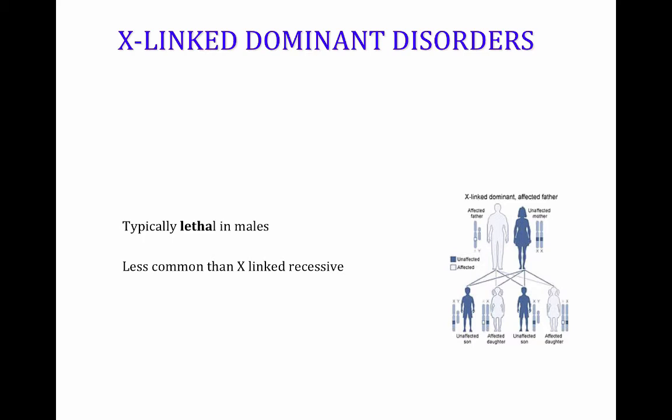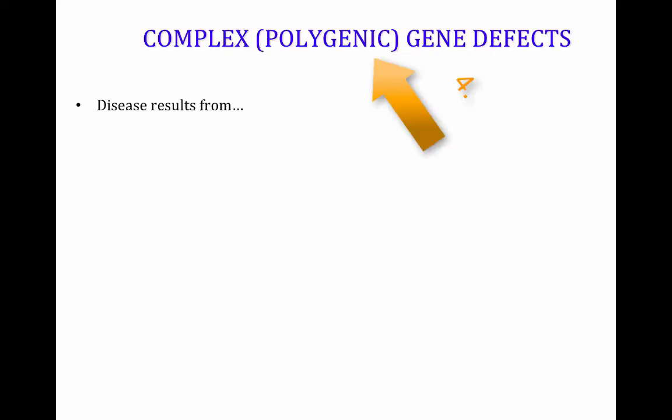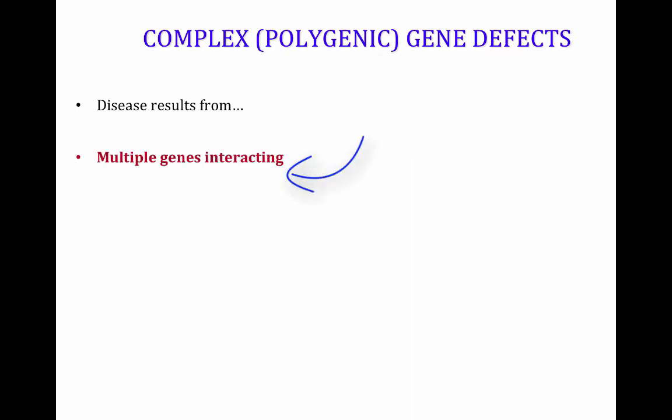X-linked dominant disorders are much less common, probably because they are lethal in males and do not tend to appear in the population. Complex polygenic gene defects involve a disease resulting from multiple genes interacting with environmental effects.